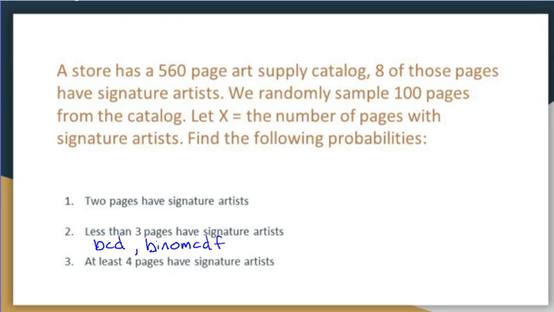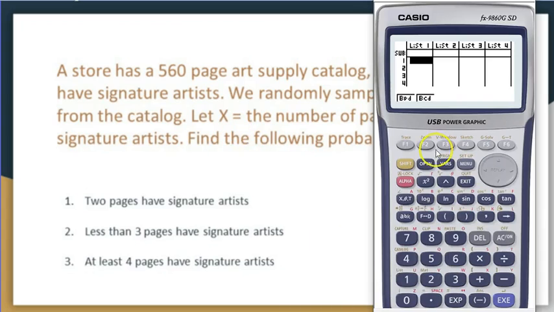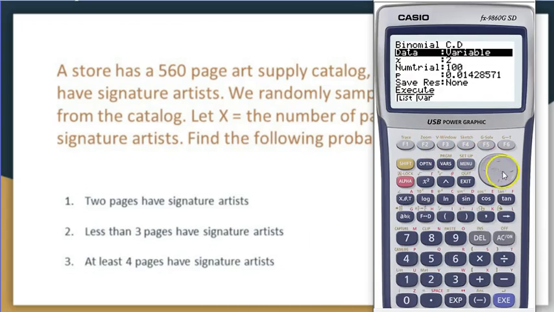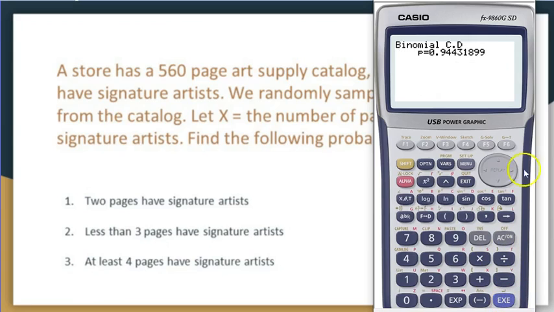It's a cumulative probability. Okay, so let me grab my calculator. All right, so we're doing BCD. Okay, still want variable data. All right, X this time is going to be 3. All right, I want less than 3 pages. Still 100, and my P is still the same. So 0.9443. That's the probability that out of my 100 pages, less than 3 of them have signature artists.